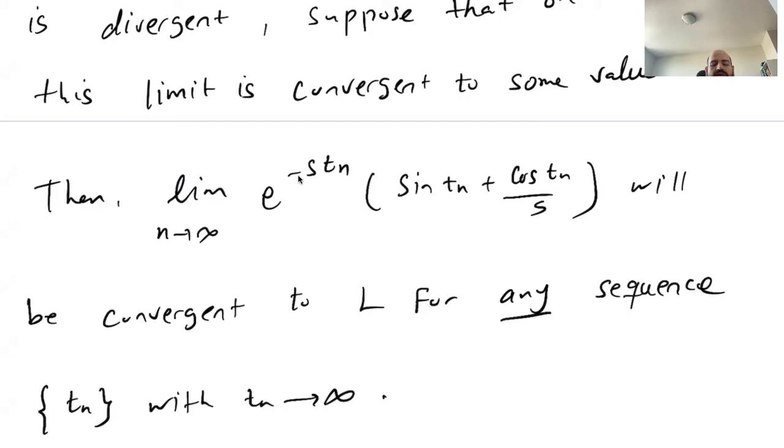So e to power a positive number times 2n pi becomes, as n goes to infinity, e to power infinity, times 1 over s, which is a constant, and e to power infinity times a constant will be still infinity. So it won't be convergent to L for any value L because it will be divergent in that case.